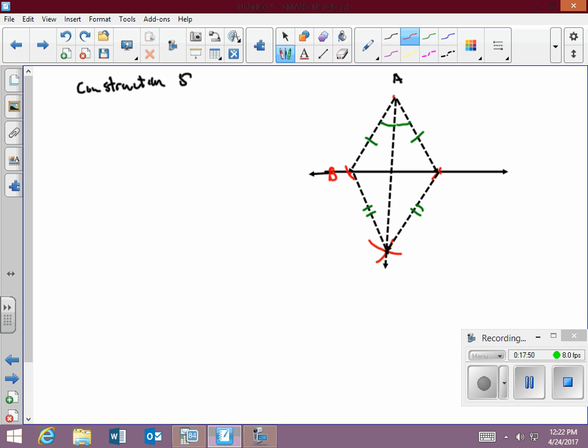This is going to be B, C, D, E. And what I'm trying to prove is that AC is perpendicular to BD.